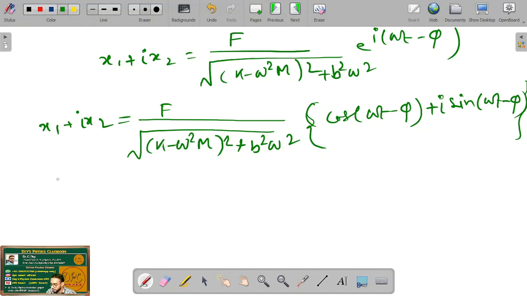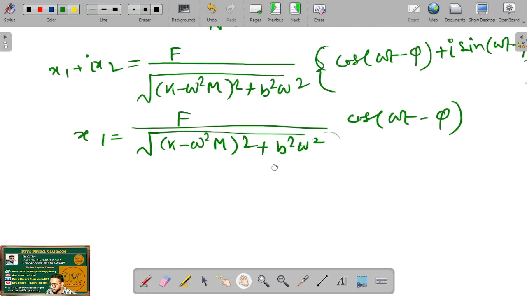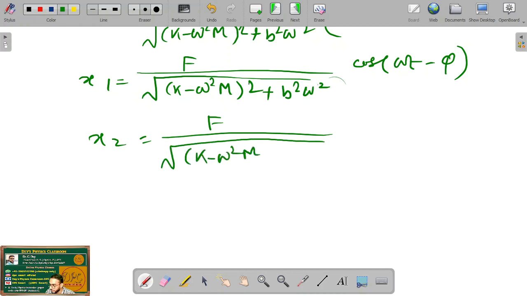Now comparing both sides, we get x1 equals F divided by root under (k minus omega square m) whole square plus b square omega square into cosine of (omega t minus phi), and similarly x2 equals F divided by root under (k minus omega square m) whole square plus b square omega square into sine of (omega t minus phi).